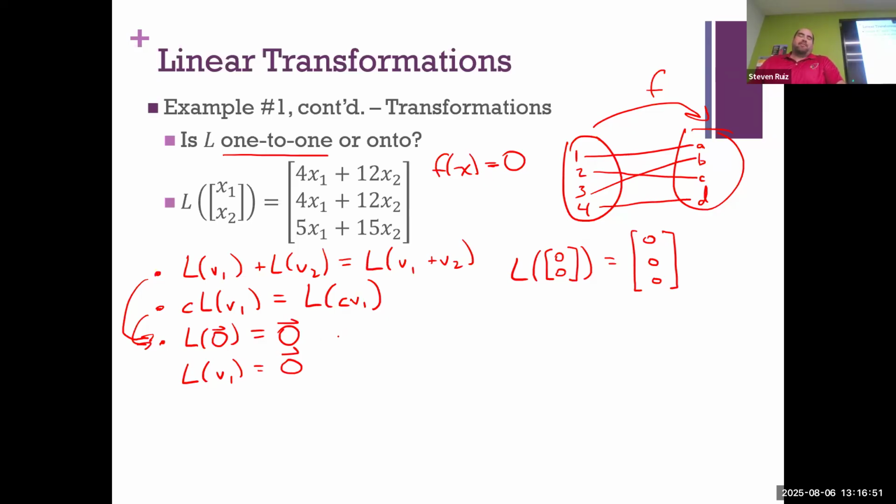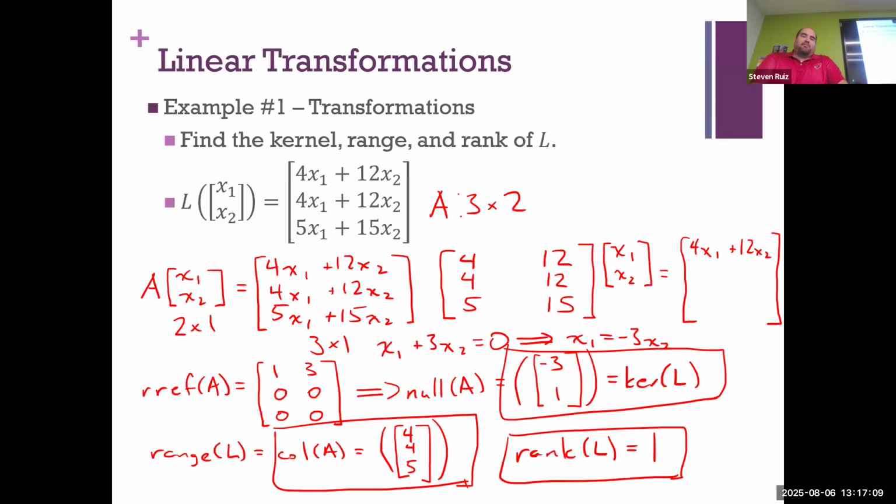There can't be, because in a linear transformation, L of 0 is always 0, which means there can't be other things that also get mapped to 0. Does our transformation have other vectors that will get mapped to the 0 vector?